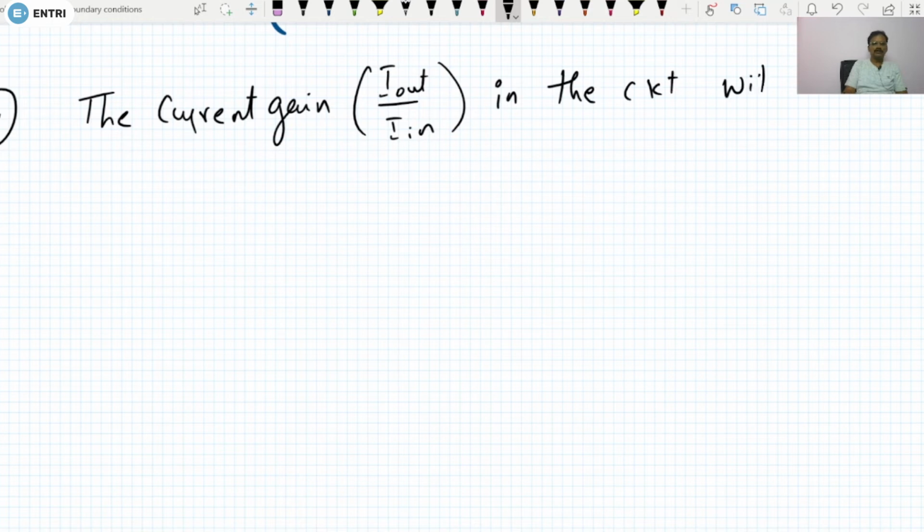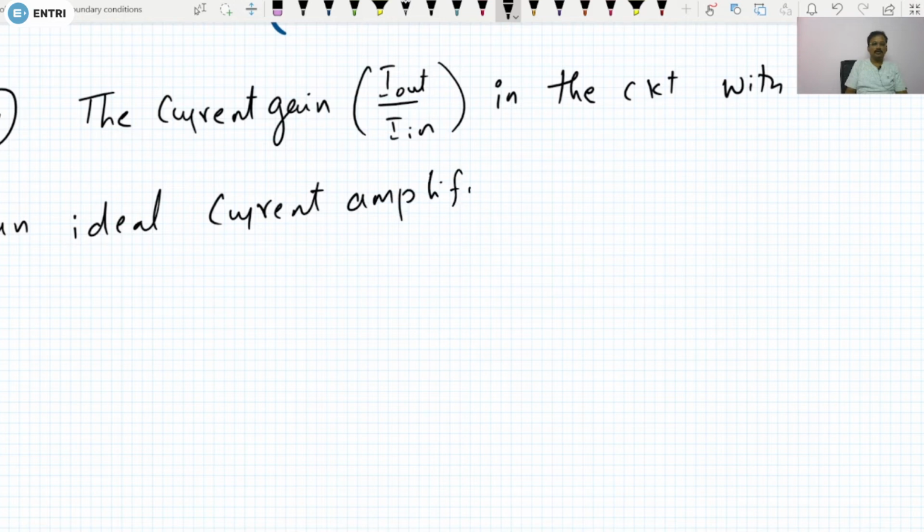with an ideal current amplifier given below.